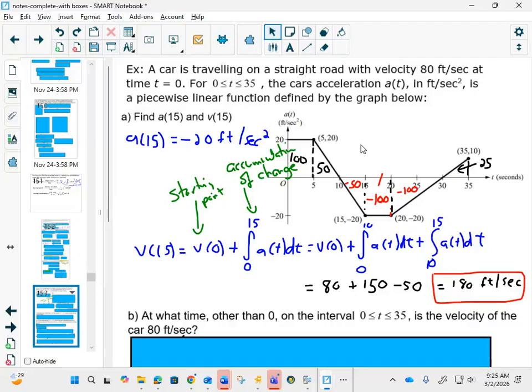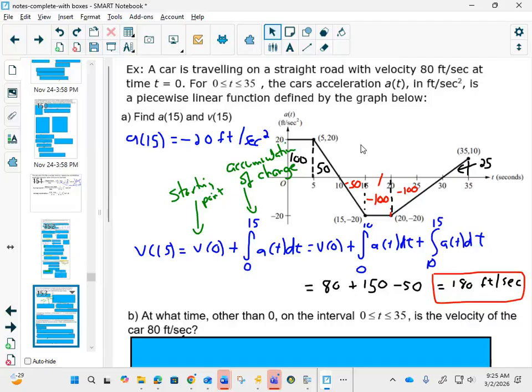Just looking at the graph, see if you can solve part B before we write any math down. At what time other than 0 is the velocity back to 80 feet per second? Again, think of, you have a starting point. We started at 80. And the area under that curve is your accumulation of change. From 0 to 10, you went up to 230.